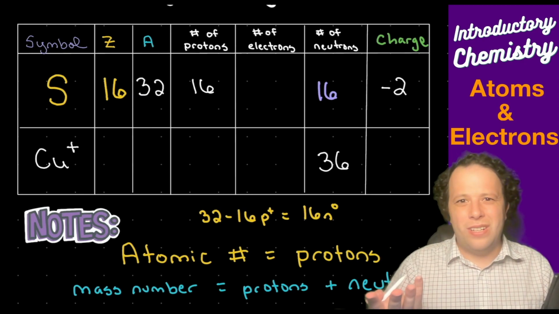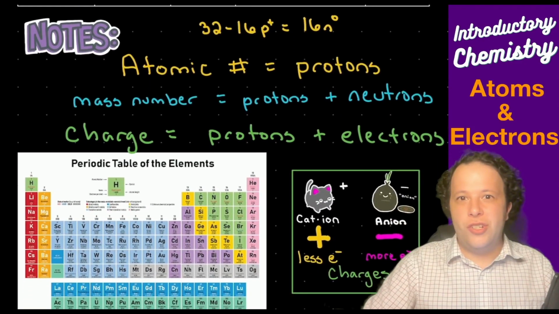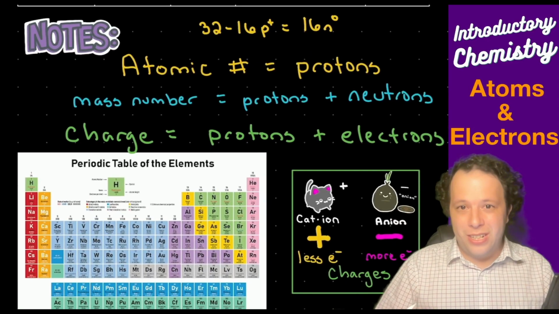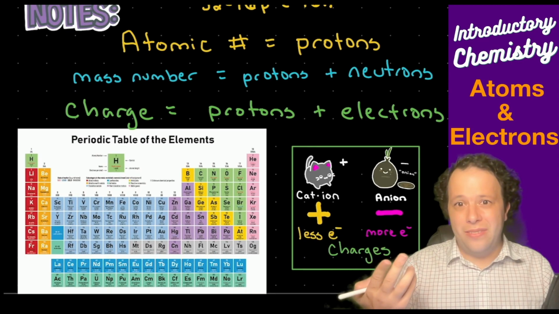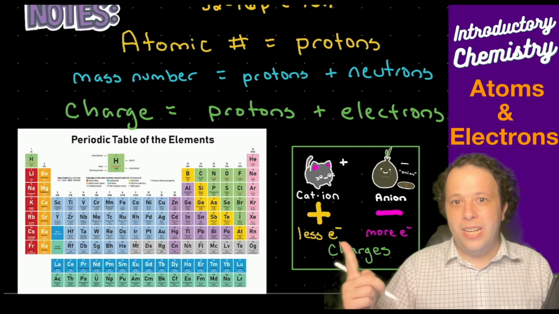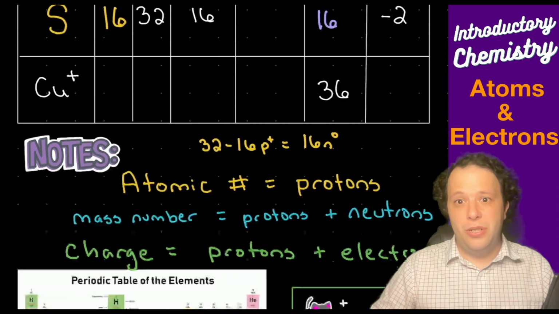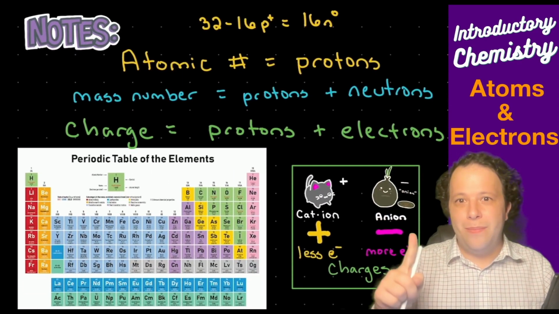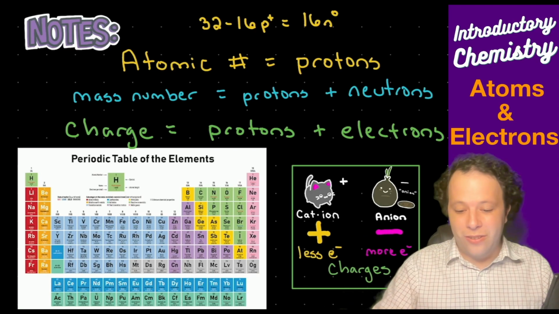Now, what about electrons? We have another little formula here: charge is equal to protons plus electrons, and then I give you a little key that cations are positive, anions are negative, meaning fewer electrons or more. One thing we can see is that we had a charge of -2. So if we go back down, that means we're more like an anion, right? We are more negative, so we have more electrons.